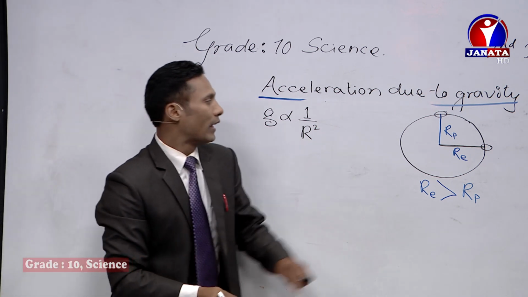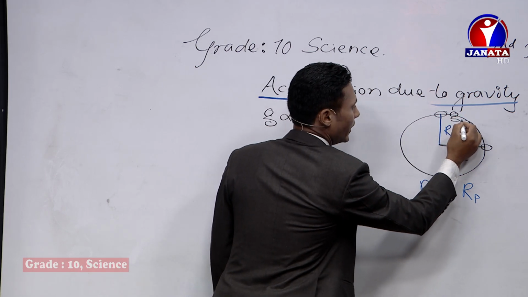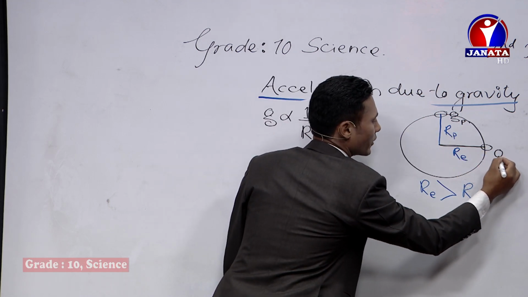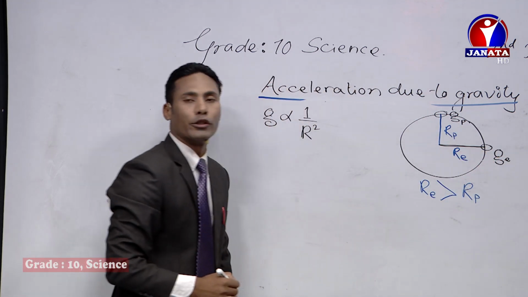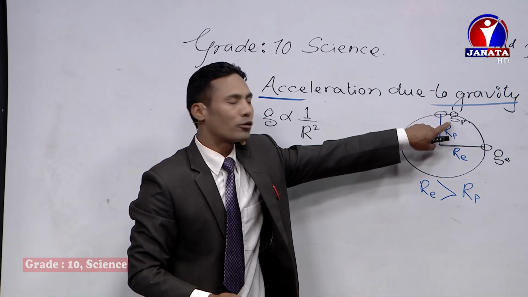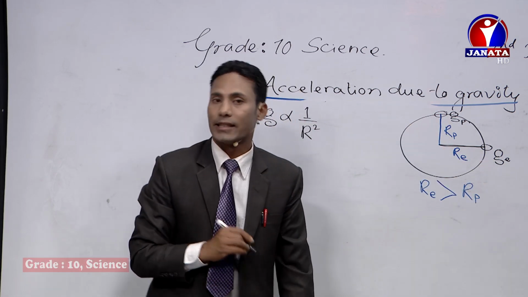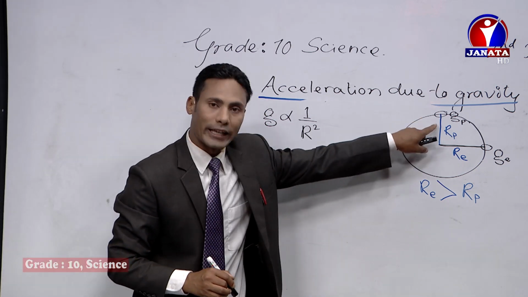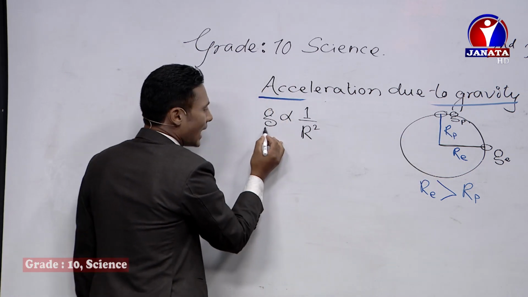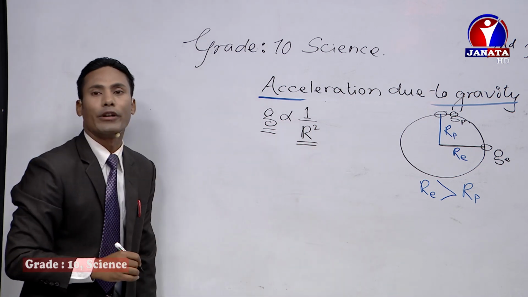What I mean is, if I check the value of g here, this is the acceleration due to gravity at the polar region, and this one is the acceleration due to gravity at the equatorial region. The value at the polar region is more than at the equatorial region. Why is the value more here? So let's check. Acceleration due to gravity is inversely proportional to the square of radius.